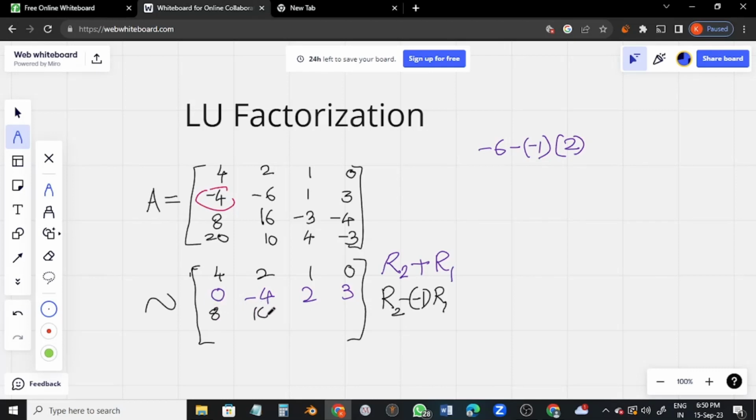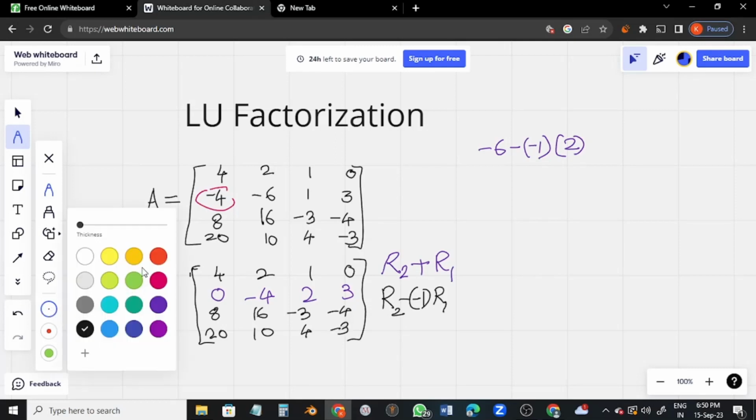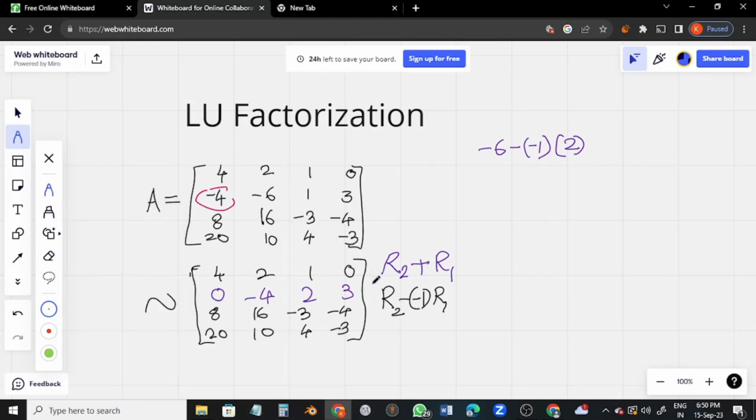So 8 16 -3 -4 we are just copying down, and this is 20 10 4 -3. So after this step, the very essential thing is, we got L21, L second row first column entry, I got this to be -1. This is my achievement after this step.